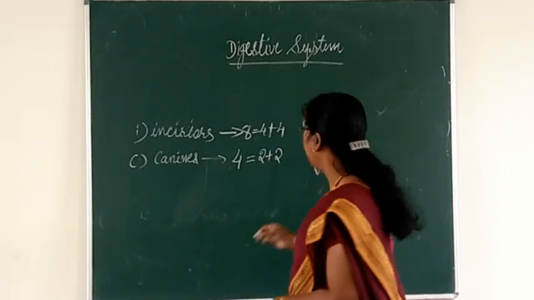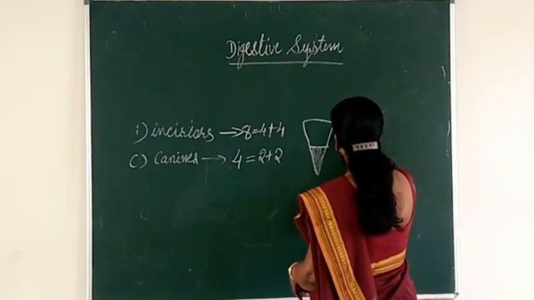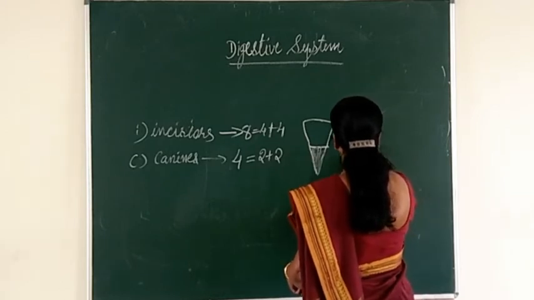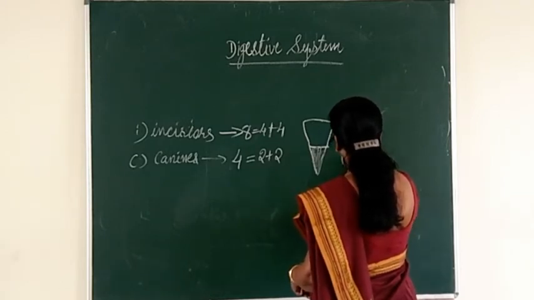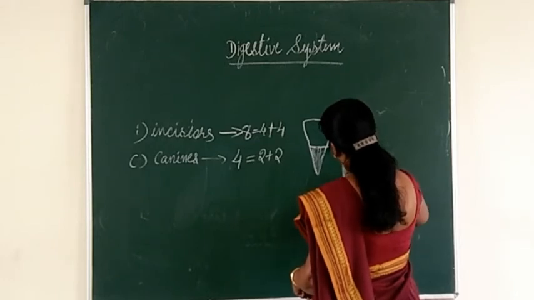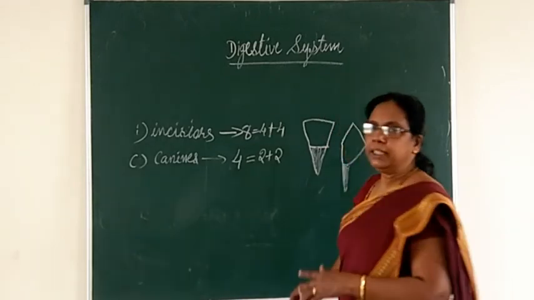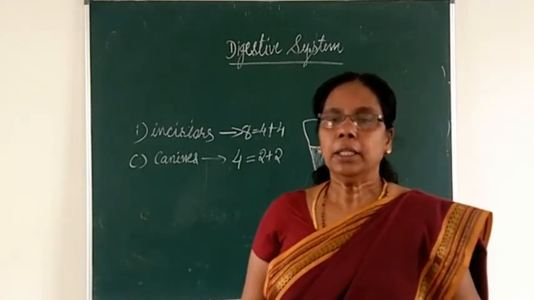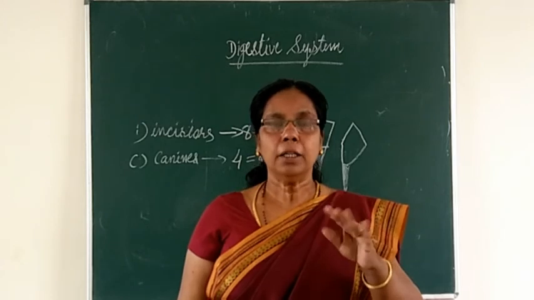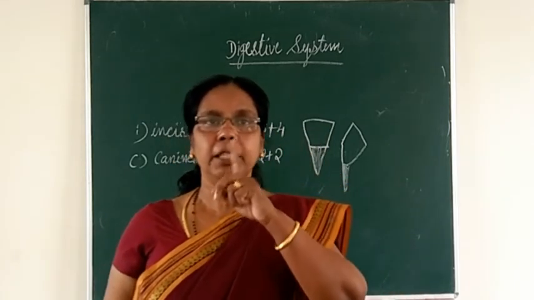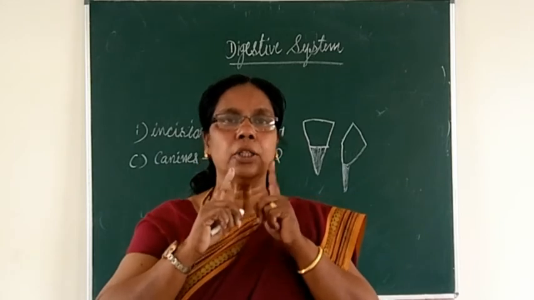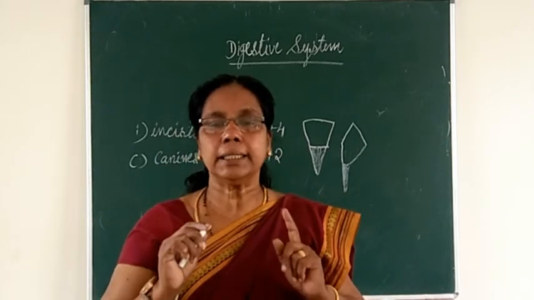And what's its shape? You can see, it is somewhat this shape. So here totally 4 in number, 2 in the upper jaw, that means 1 on either side, and in the lower jaw also 1 on this side and the other side.